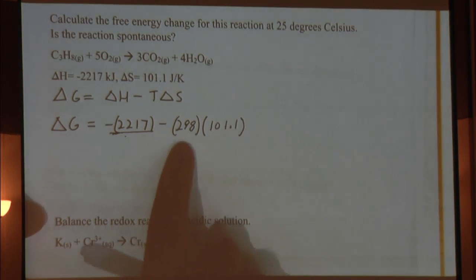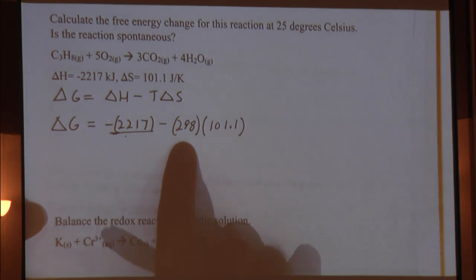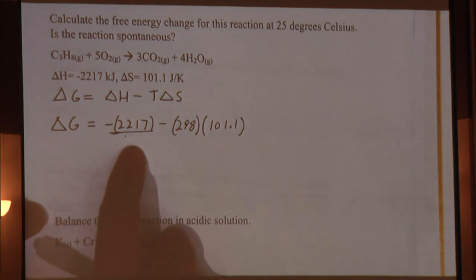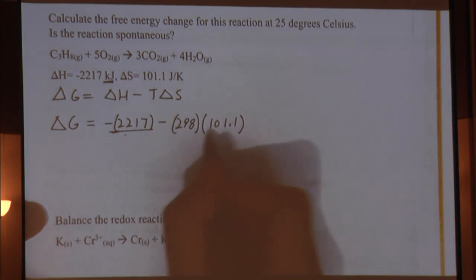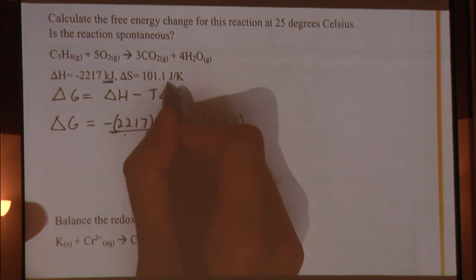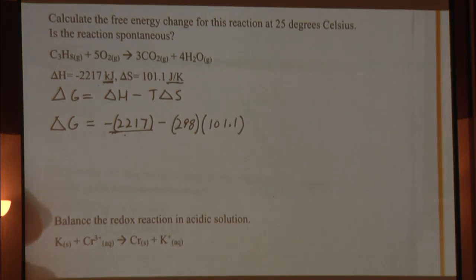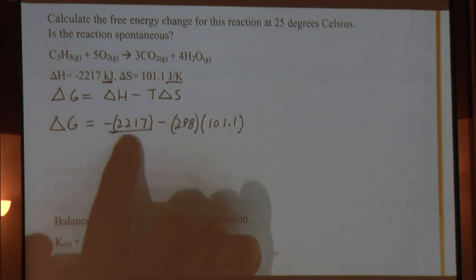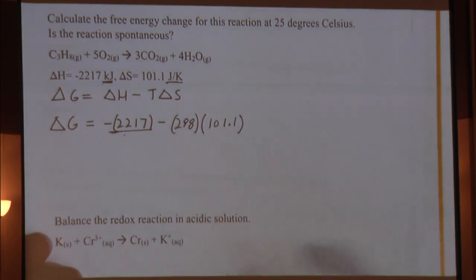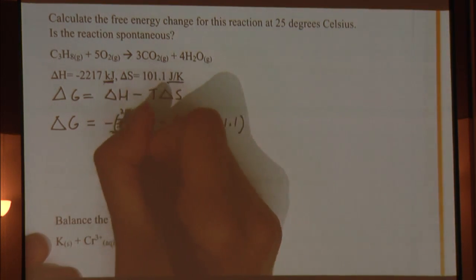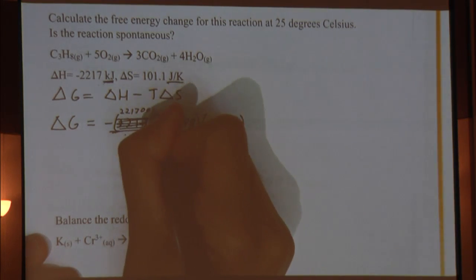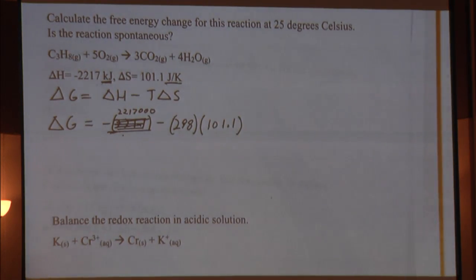So here what I've done is converted Celsius to Kelvin. And we need to notice a conflict here. Our delta H is in kilojoules, but our delta S is in joules per Kelvin. So we need to convert our delta H into joules. And we just do that by multiplying by 1,000.